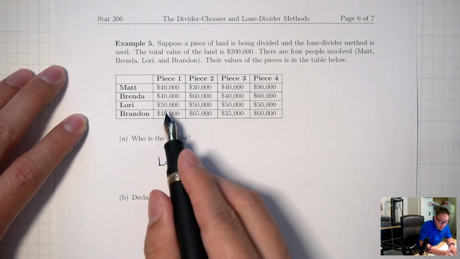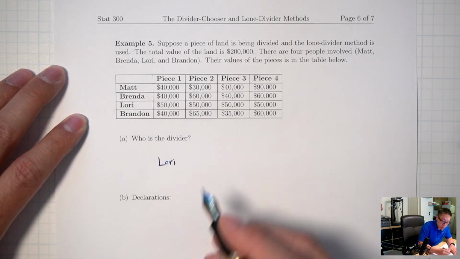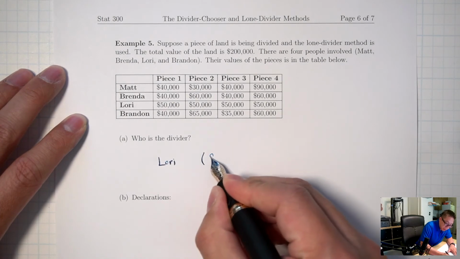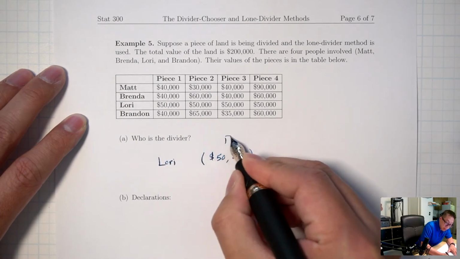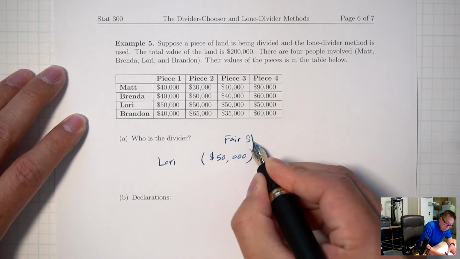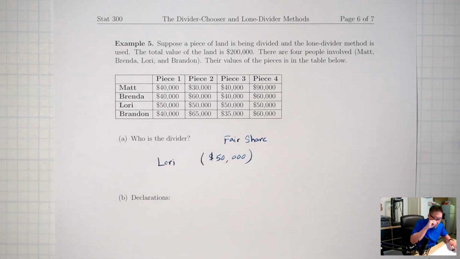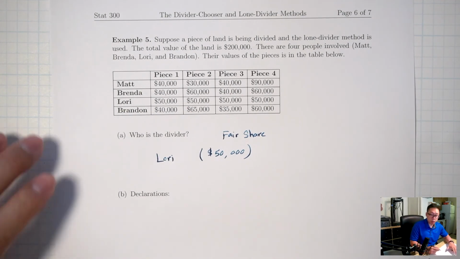And let me also make note of her value on each piece because that number is important. Because that's the fair share number. Each person deserves $50,000 or more worth of land. Okay. Now, declarations for each person.